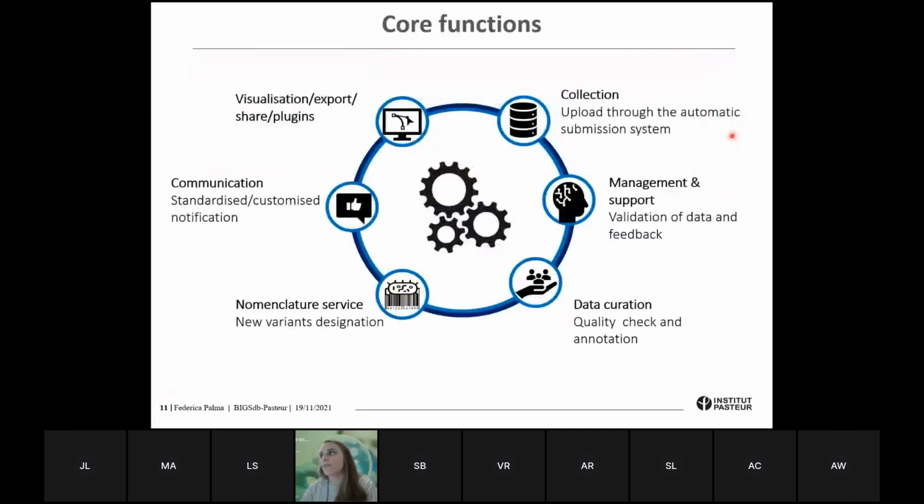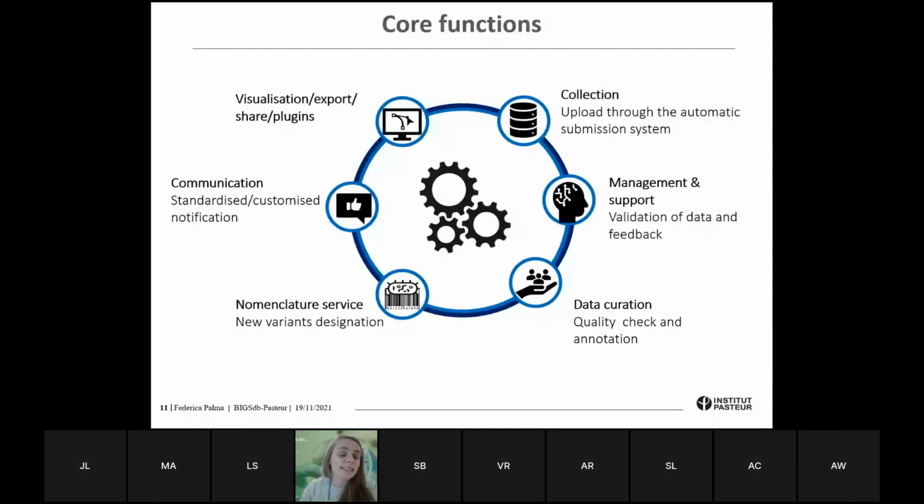And the core functions of this infrastructure are the collection of data, which includes the quick and easy upload of public or private data through an automatic system, and then the validation of this data and the feedback provided by the curators, and the nomenclature service when new variants need to be designated, and also the standardized communication between users, submitters and curators.